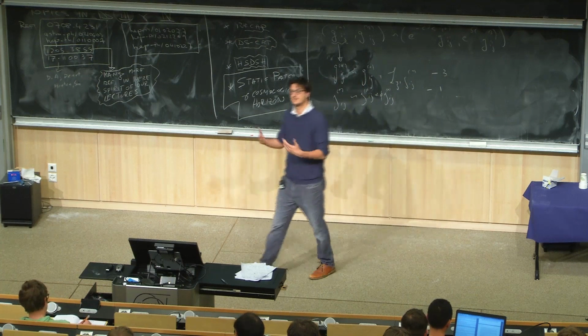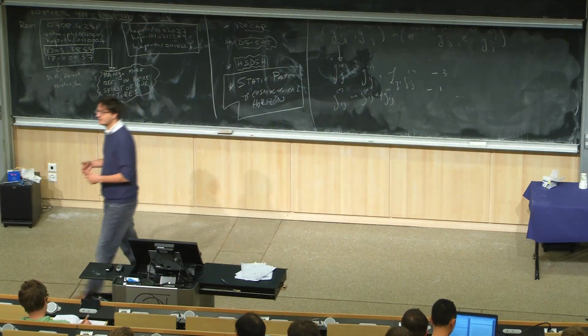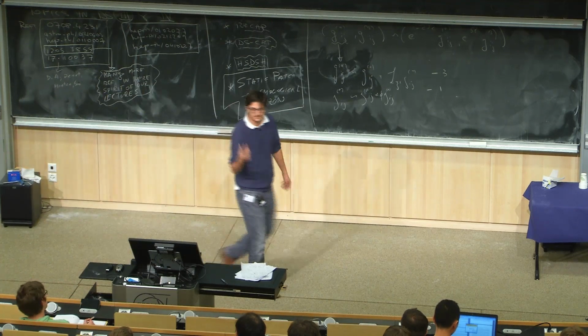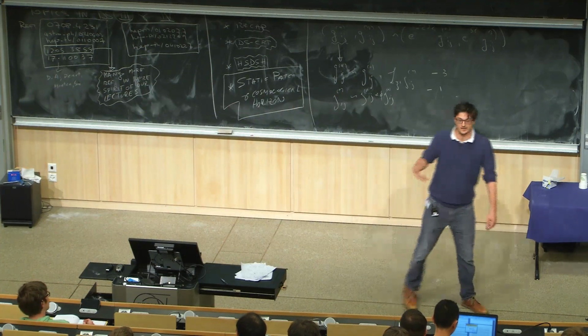So from the 6 components of the 3-geometry, we are left with 2. These are the 2 polarizations of the gravitational field.